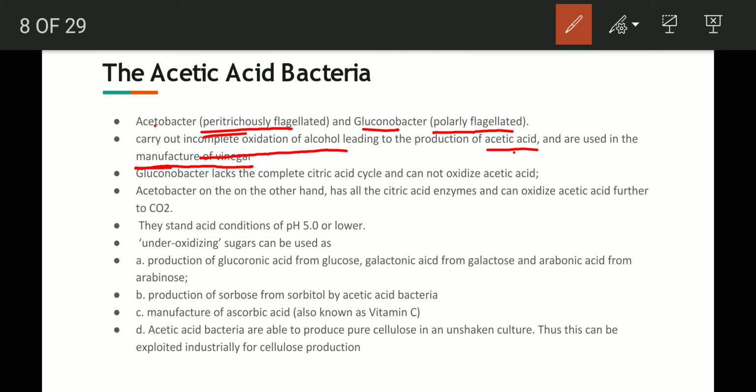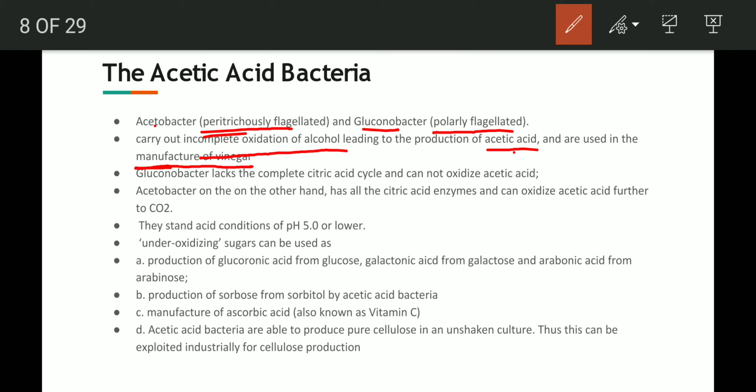Hence, the end product of Gluconobacter fermentation is acetic acid, while the Acetobacter has the complete set of enzymes required for the citric acid cycle. So they oxidize the acetic acid further into the final product, which is CO2.